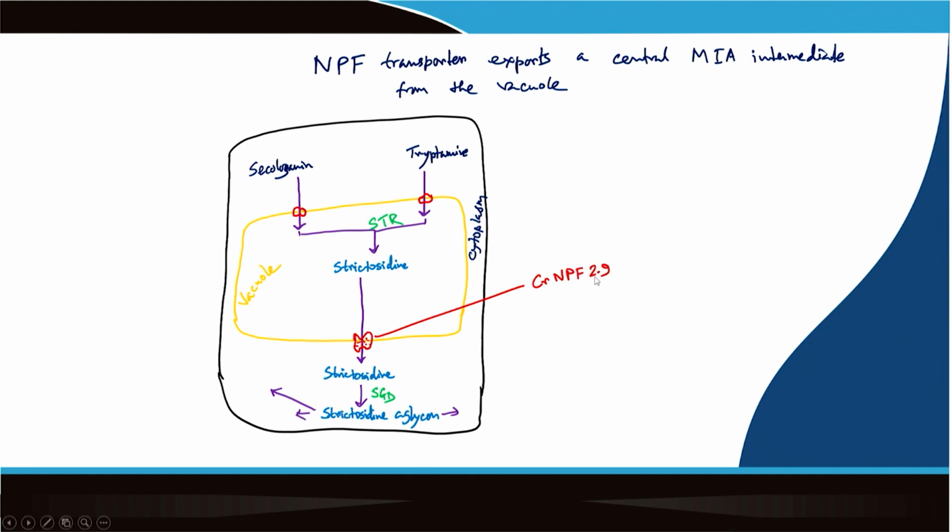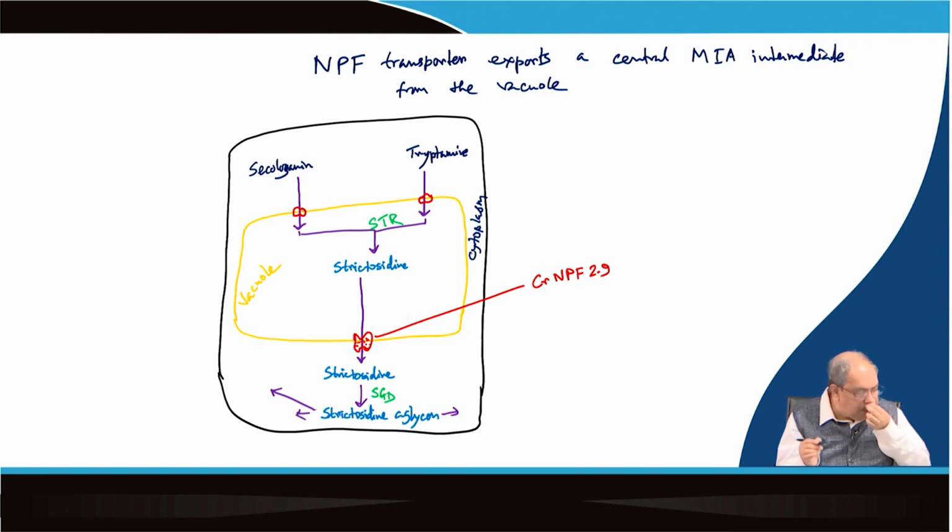This transporter has been characterized, and it plays an important role in transporting the strictosidine out from the vacuole into the cytosol, so that strictosidine subsequently can be deglucosylated by the action of strictosidine glucosidase. So, this is very important.